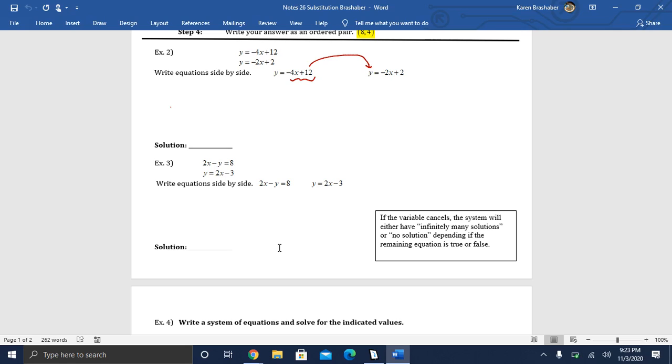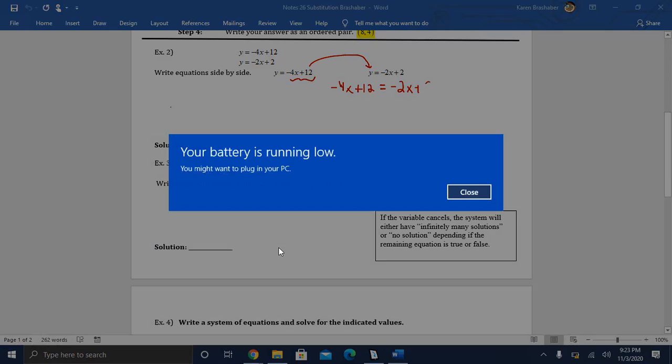So I'll take the y out and make my substitution, negative 4x plus 12. That replaces my y. That's going to equal, and I'll keep my right-hand side, negative 2x plus 2.